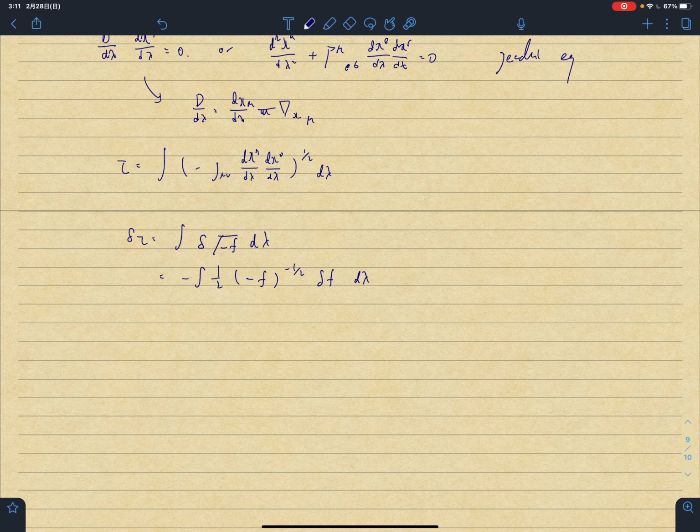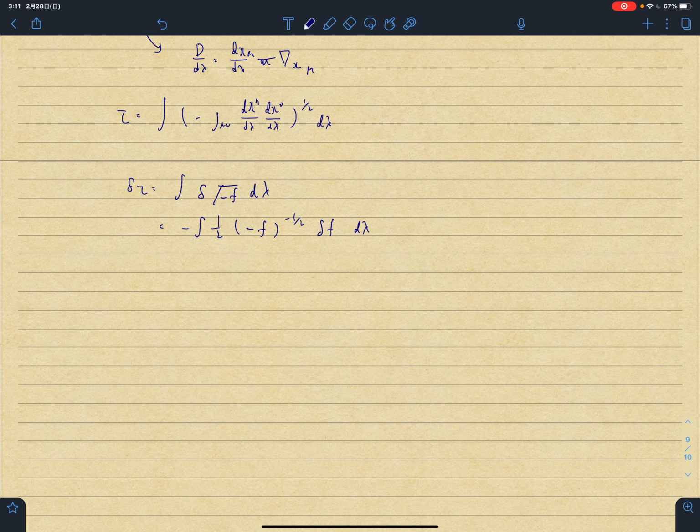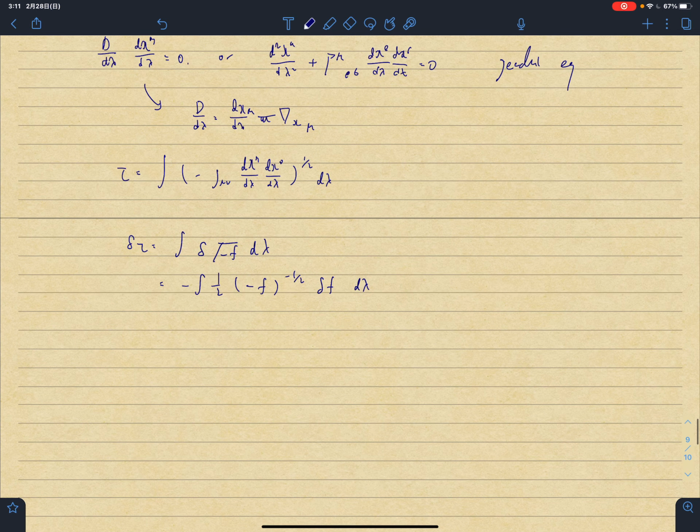Okay, it makes things easier if we now specify our parameter as proper time itself rather than the arbitrary parameter lambda. So the tangent is the 4-vector u mu. This fixes the value of f: g mu nu dx mu d lambda dx nu d lambda, which is g mu nu u mu u nu equal to minus 1.